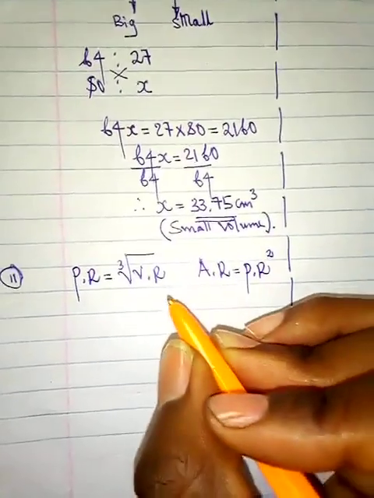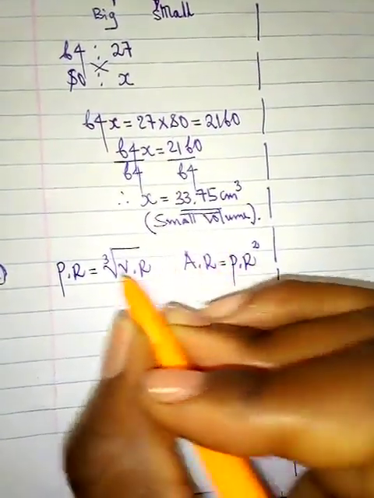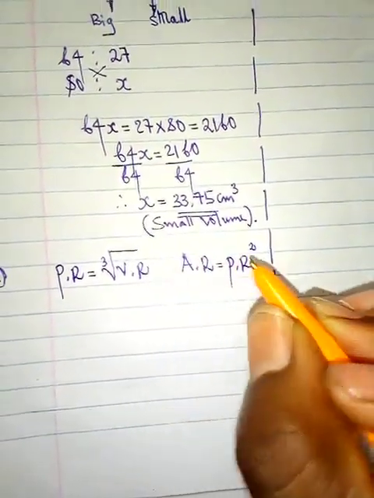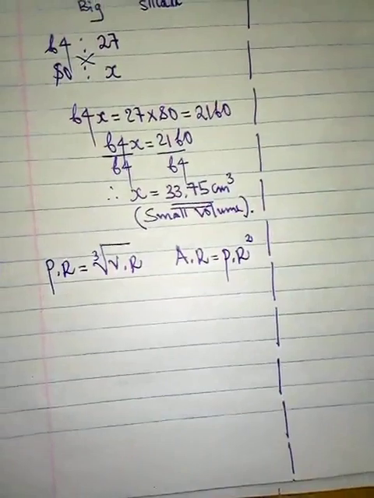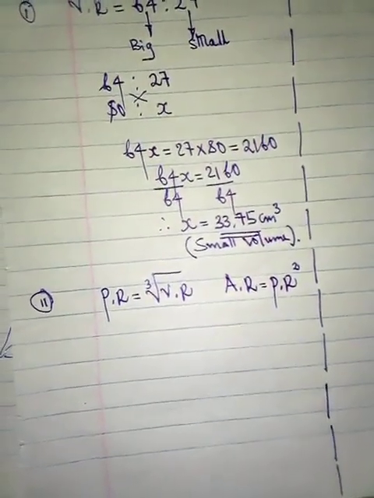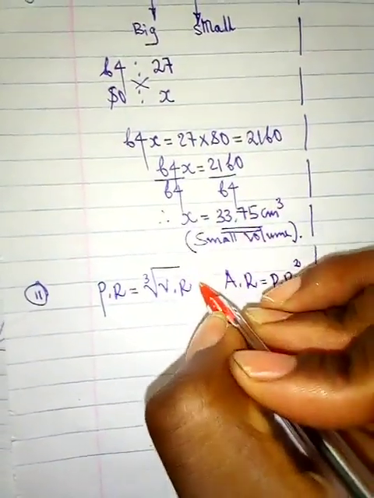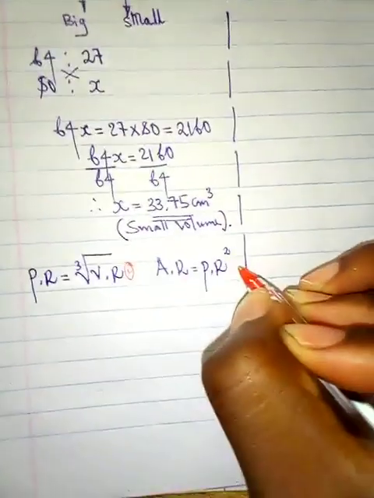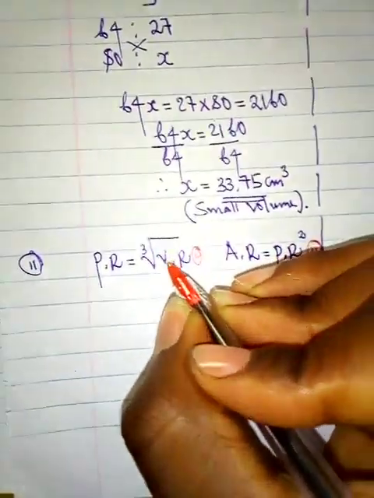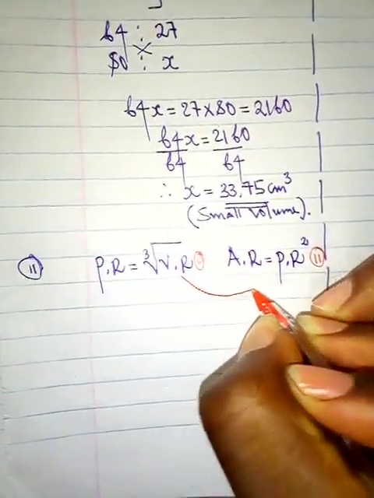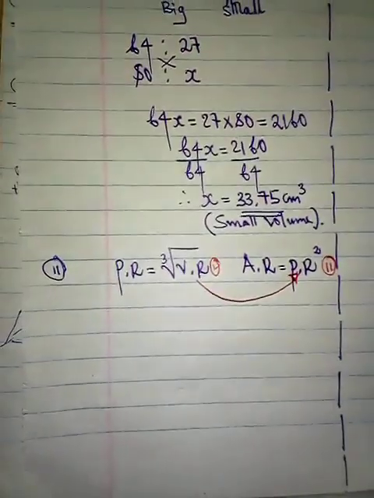So if you want, you can combine these two formulas together, or you can go step by step. Remember I'm trying to determine my area ratio, so think of this to be equation 1, this one to be equation 2. If I get this and then substitute it here, what I'm going to have is this.